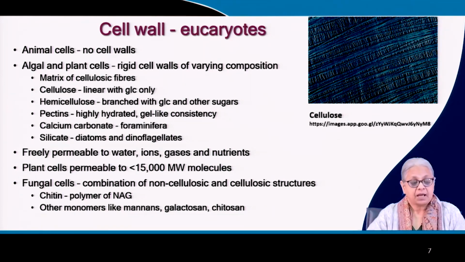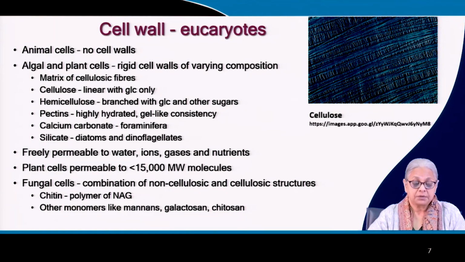Then we come to the fact that the cell walls of eukaryotes are freely permeable to water, ions, gases, and nutrients. That's how these organisms are able to survive in their environment. So that's very different from the prokaryotes.